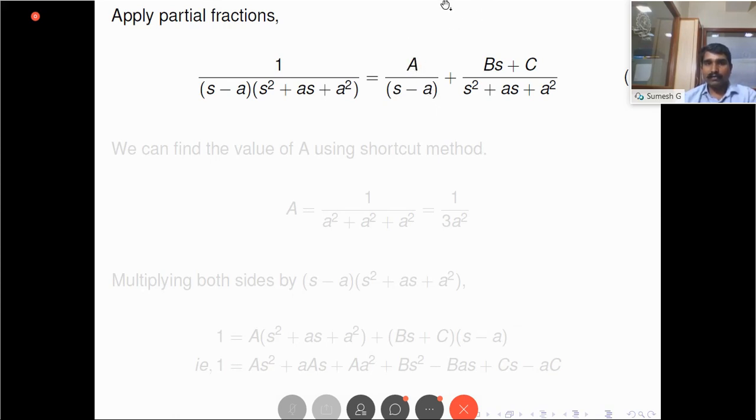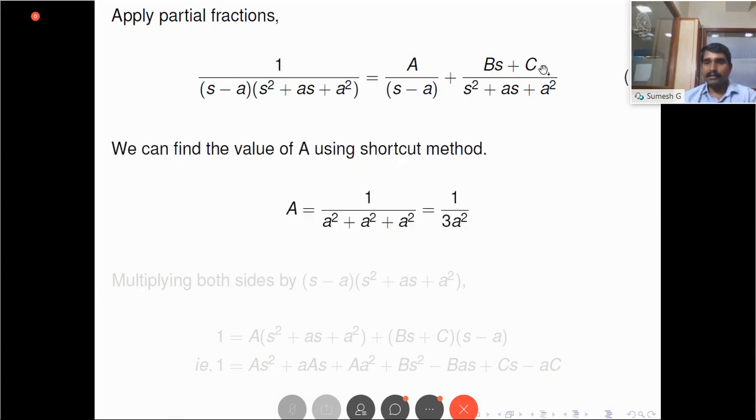To find the value of capital A, we substitute s equal to a in the LHS except the factor. So here s is replaced by a, and here also s is replaced by a. So we have capital A equal to 1 by a square plus a into a plus a square. Capital A is 1 by 3a square.